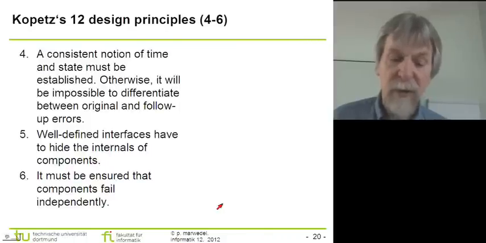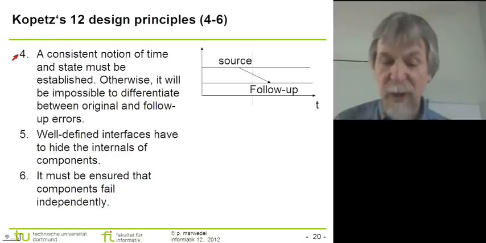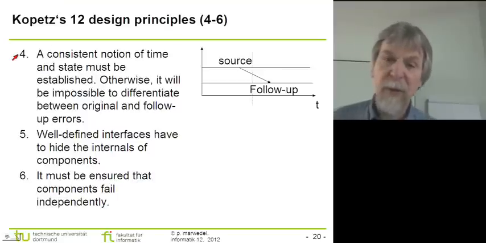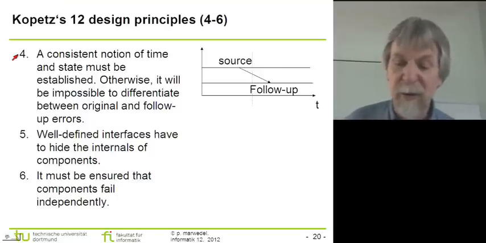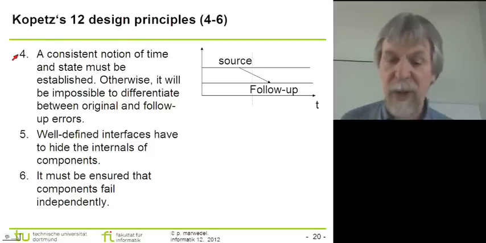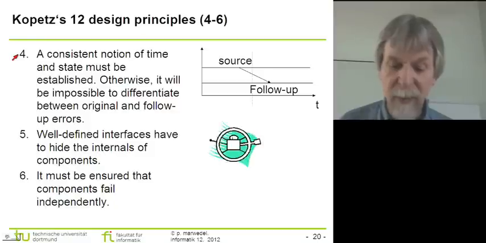Furthermore, according to the fourth principle, a consistent notion of time and state must be established. Otherwise, it will be impossible to differentiate between original and follow-up errors. In many cases, we have to be able to figure out what is the reason for having some incident, and therefore we must be able to know exactly at what time a certain event happened.